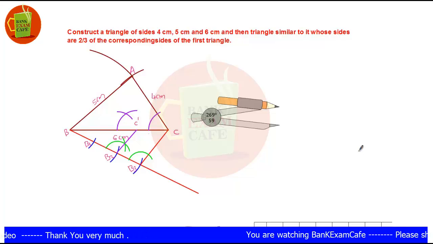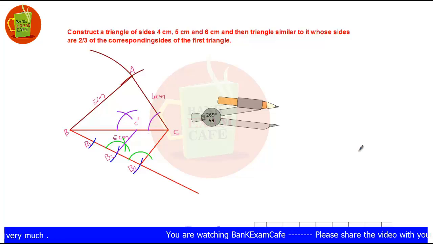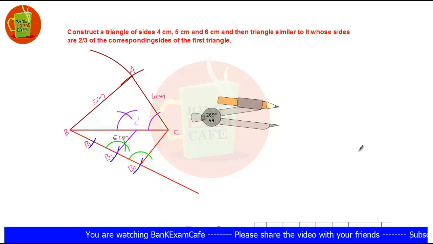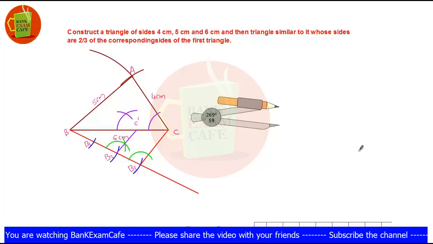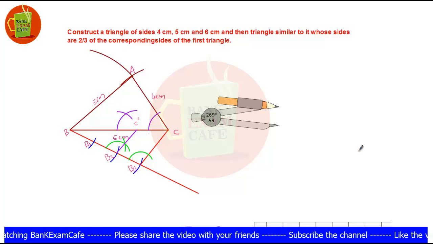Now from this point C dash, draw a line segment passing through this point of intersection that intersects the AB side at A dash.